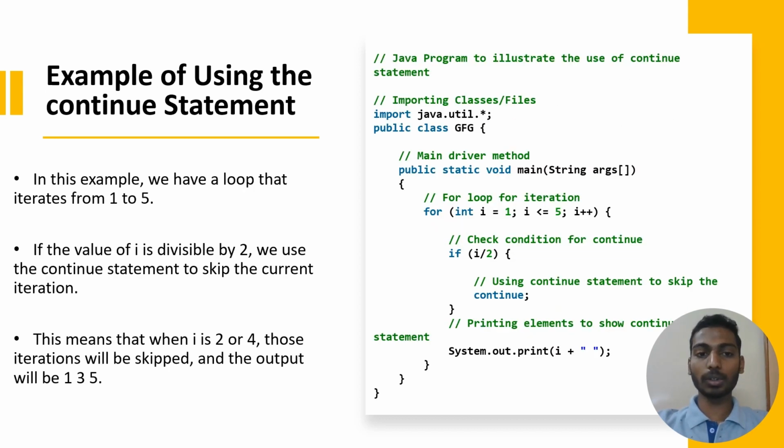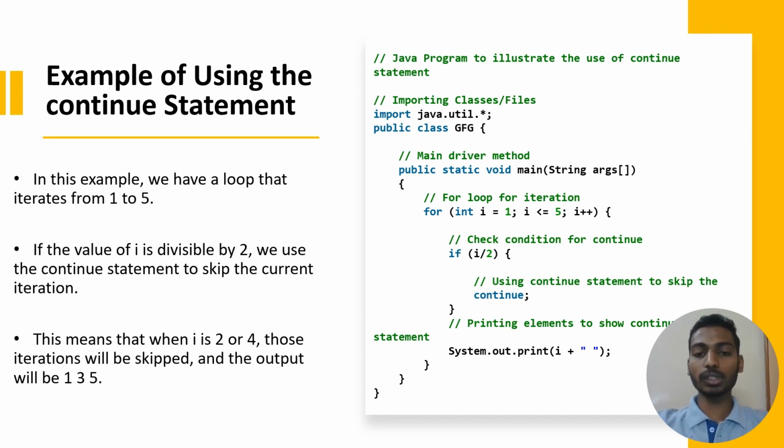Let's see an example for the continue statement. In this example, we have a loop that iterates from 1 to 5, and I have used a for loop here. Then I have used an if statement to check the condition.